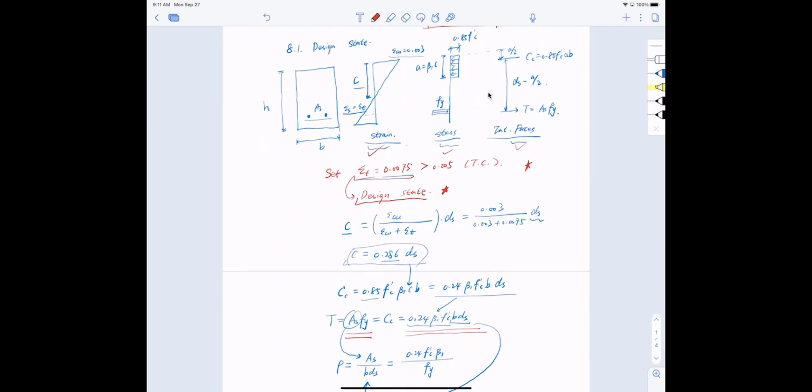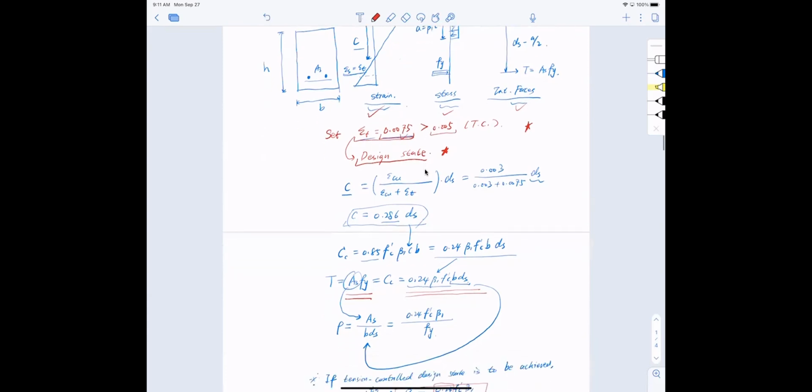So we want the strain in the bars at the level of 0.0075, which is much higher than the strain typically required for tension control. That is our design state. So if I ask you in the first exam, problem number 1, what is the design state for a singly reinforced section, you need to know it is a strain at level 0.0075.